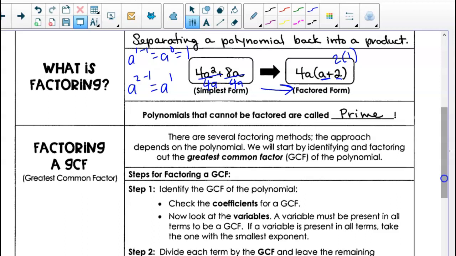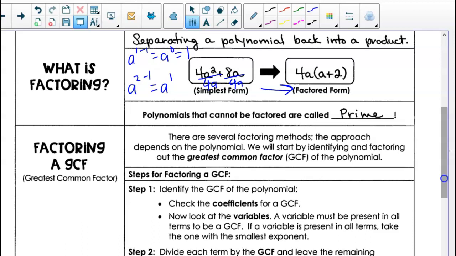So when we factor out a GCF, we're really dividing by that GCF and seeing what's left. I know that this is what's left, and I can't simplify it anymore because there's nothing else I can divide out of both terms, and I can't combine anything here because they're not like terms. This is the simplest it will get.